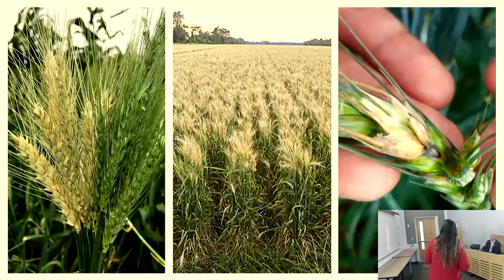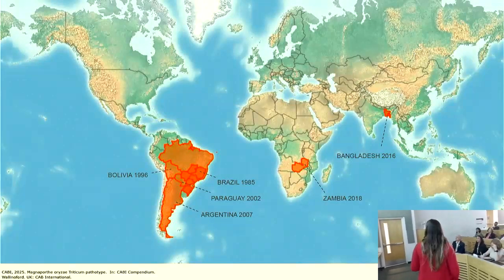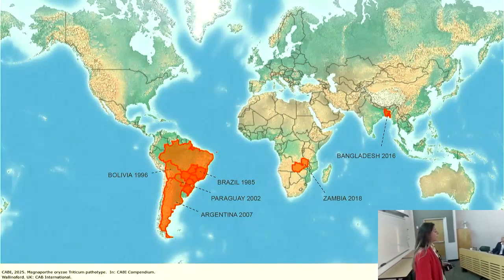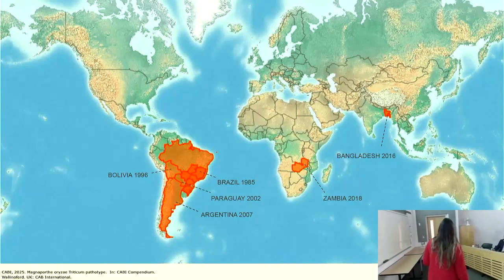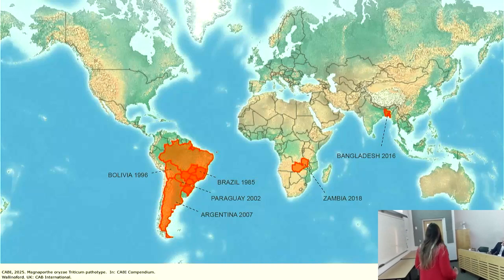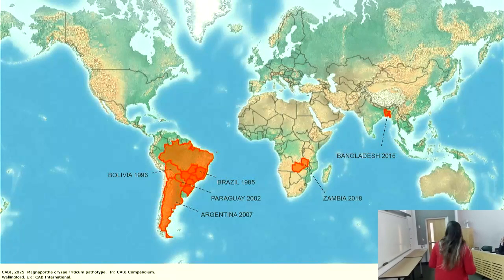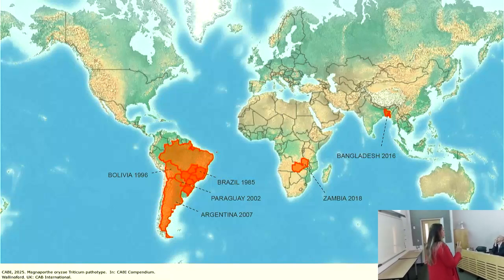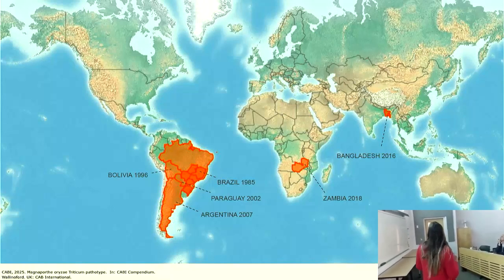This is from Javi's website, which I took yesterday. This is what is shown for Magnaporthe oryzae Triticum distribution. I guess they need to update it after this talk. Just a brief summary: it originated in Brazil in 1985, and then it spread to Bolivia, then Paraguay, then Argentina had 2 reports, one in 2007 and another one in 2012.